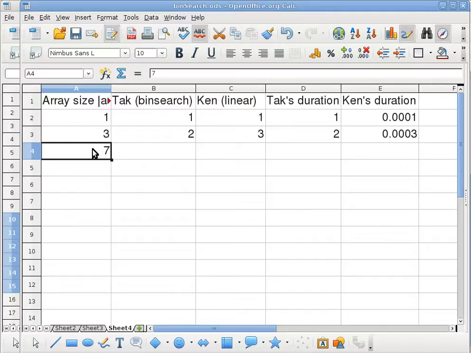But I already know that with 3 elements, I only need 2 comparisons. So that means if I have 7 elements to start with, I only need 3 comparisons to confirm that an element is not in the array. Is that okay? But Can's program will need exactly 7 comparisons, or 7 iterations of the loop.